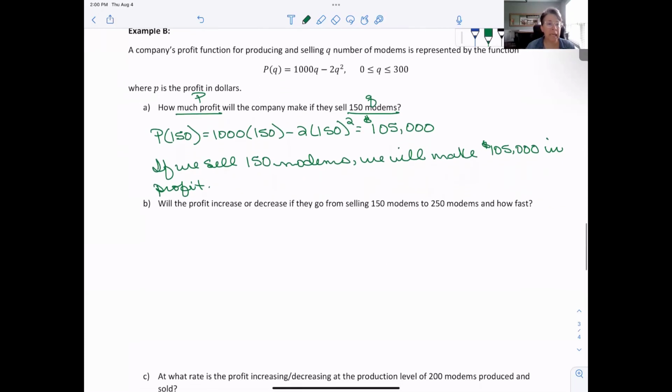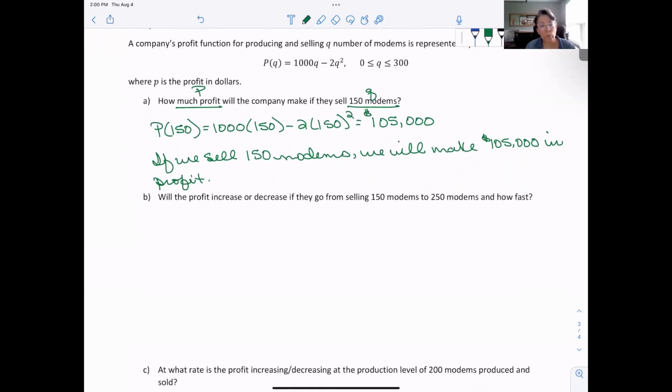Now in part B, it's asking us, will the profit increase or decrease? Increase and decrease is kind of a hint that we're looking for some sort of slope, right? Increase or decrease, going up or down. Now they're going from two different Q values, from 150 modems to 250 modems, but then they're asking how fast.